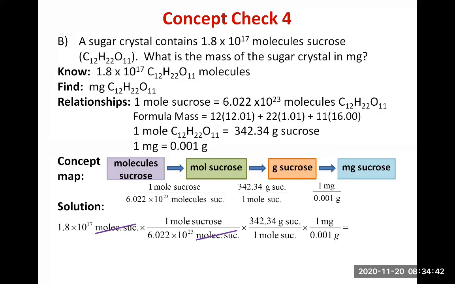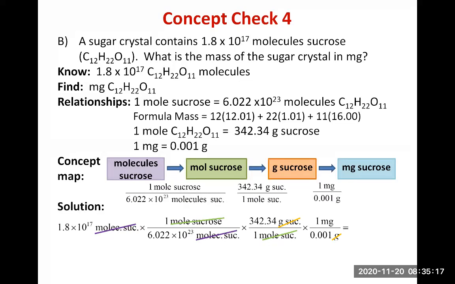And so the molar mass will have to have the 1 mole on the bottom, so we can cancel units of moles, and then the grams on top, 342.34 grams of sucrose. And finally, we need to convert that to milligrams. So we will have the conversion between milligrams and grams such that the milligrams are on top and the grams on the bottom. This way we can cancel grams. And we are left with just units of milligrams, which is what we want.